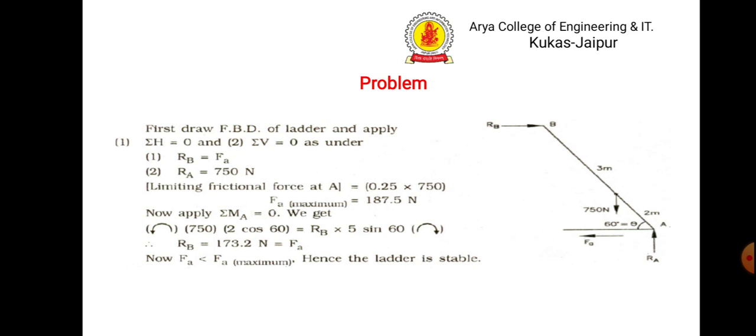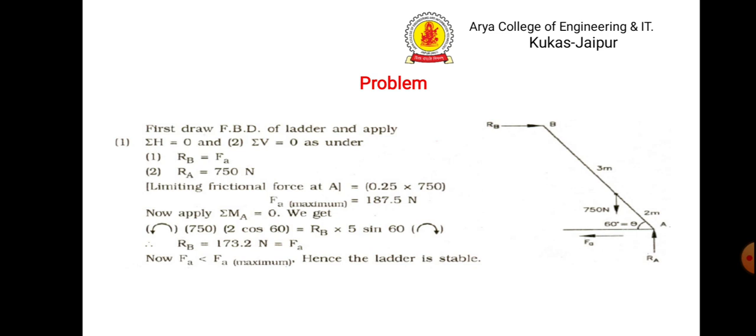Now apply summation of moment about point A equals 0. The summation of all anti-clockwise moments equals the summation of all clockwise moments. So this will be 750 into 2 cos 60 equals Rb into 5 sin 60. So Rb equals 173.2 Newton.